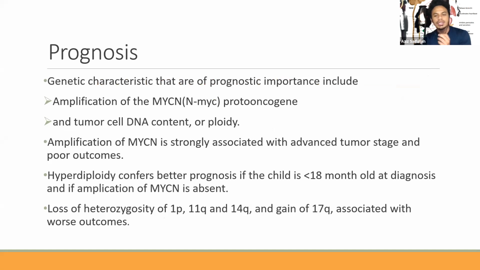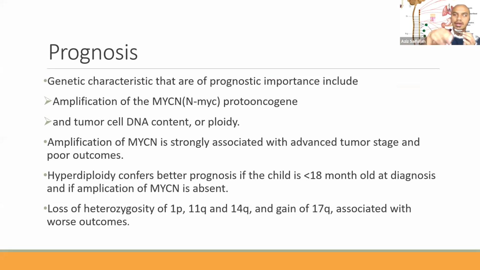In terms of prognosis of the patient with neuroblastoma, it all depends on the prognostic importance of certain genetic characteristics, the first one being amplification of the MYCN proto-oncogene, and also tumor cell DNA content, or ploidy. Basically, we can extract the DNA content of the tumor cell and also do genetic studies, and when we know the genetic background, then we can tell the prognosis of the patient.